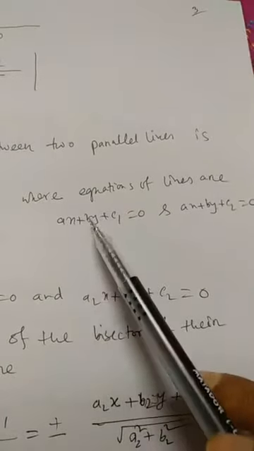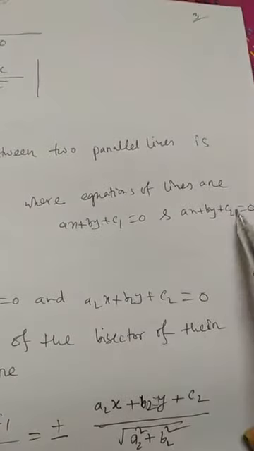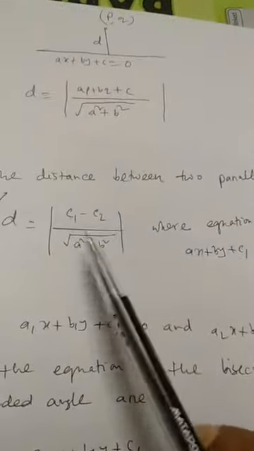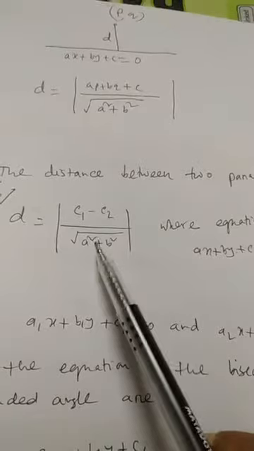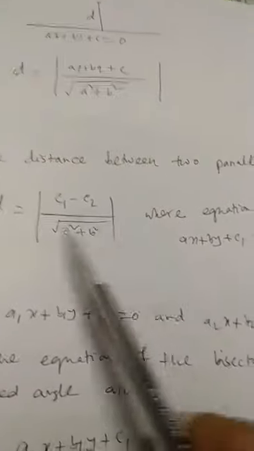Remember, in case of parallel lines, a and b will be the same for both lines, just this constant will differ. So in the formula, you have to subtract the constants and you have to take the square root of a square plus b square.